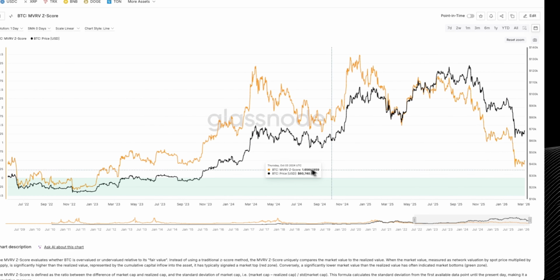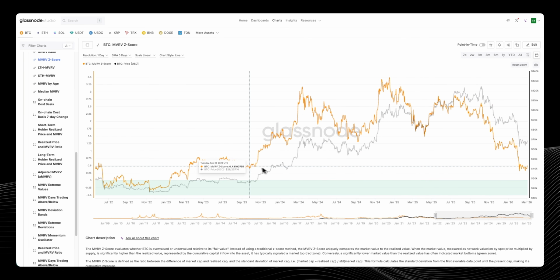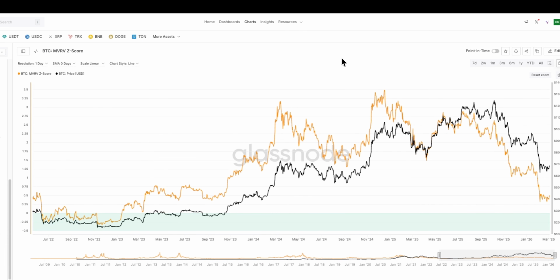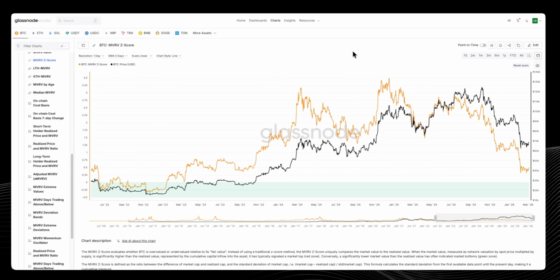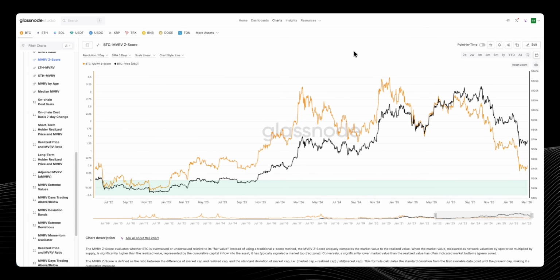So the last time the metric was at these kind of levels, we were sitting at about $25,000, $26,000 back in 2023. So yes, you are seeing a significant discount in market value to realized value. The relative value of Bitcoin is relatively low at this point in time. So it's not a bad time to accumulate according to this metric.